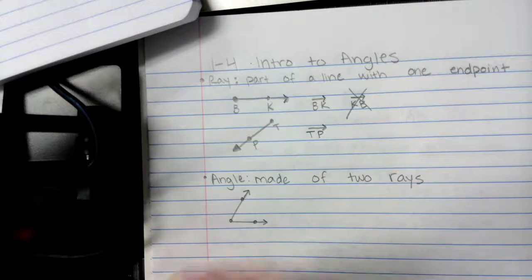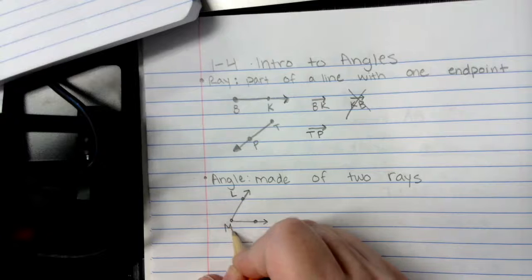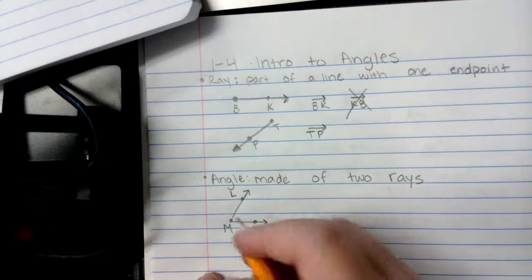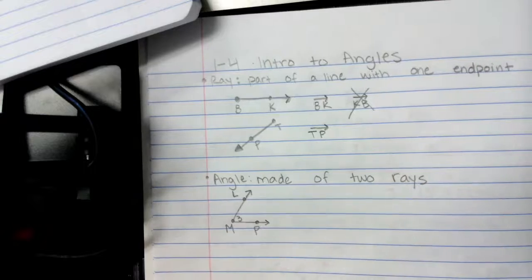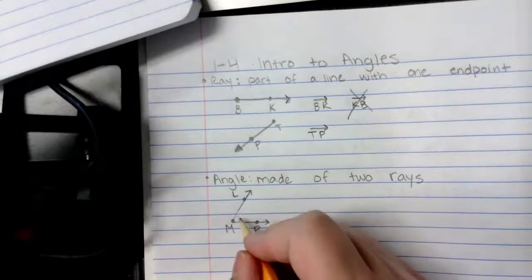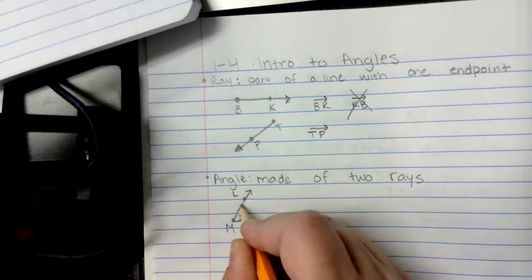We're going to do L, M, P. Also in that angle, we're going to have a little 3 right inside there. That was probably a little too close, but we have 3 really near that angle where it connects.